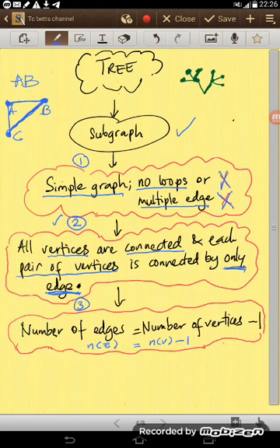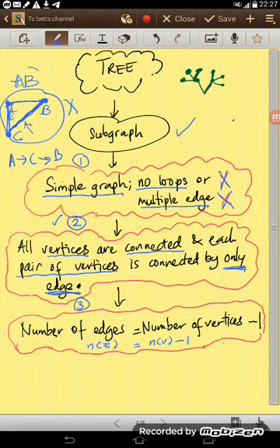You see, AB is now connected with more than one edge, because A connects to B directly, but with this graph it becomes A to C to B. It's connected with more than one path, this edge and this edge. So this one is not a tree.